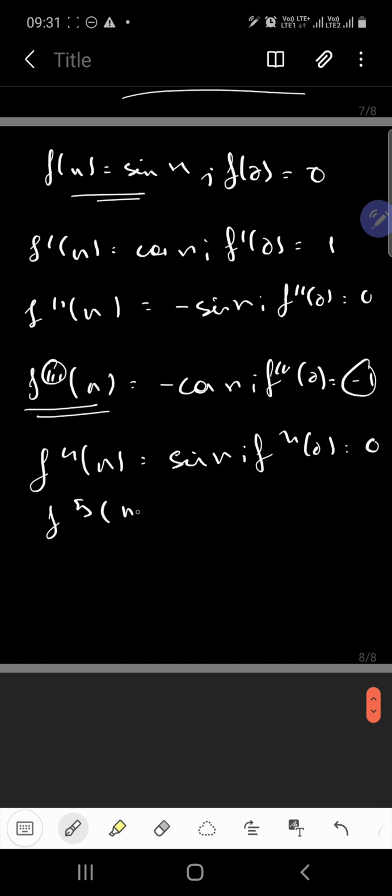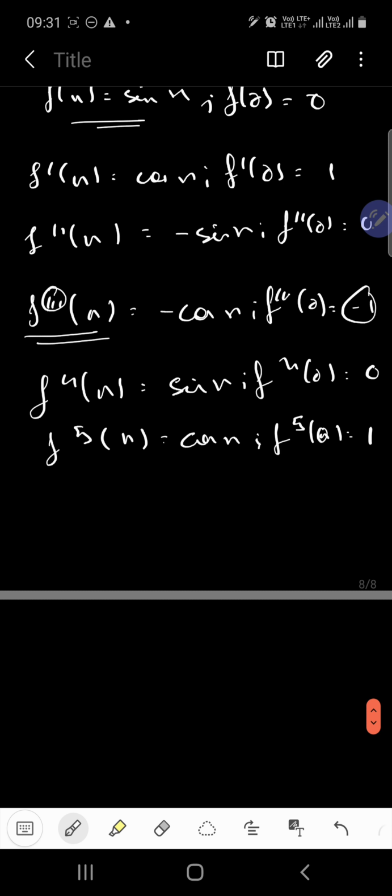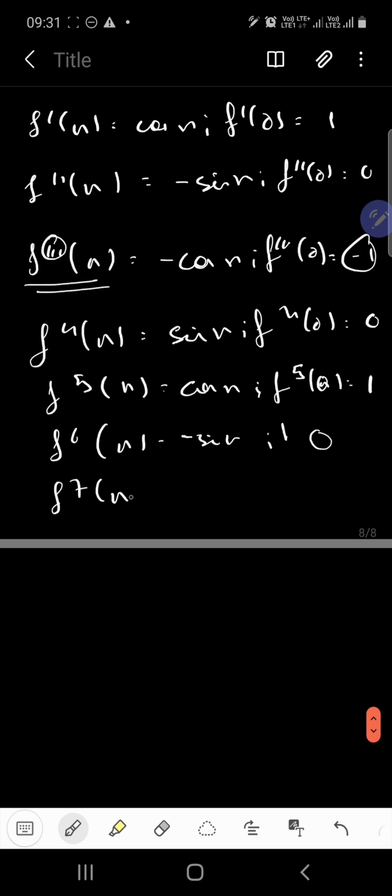What is f⁽⁵⁾(x)? It is cos x, and f⁽⁵⁾(0) becomes 1. Similarly, what is f⁽⁶⁾(x)? It is minus sin x, and this becomes 0, and f⁽⁷⁾(x) is minus cos x, that becomes minus 1.